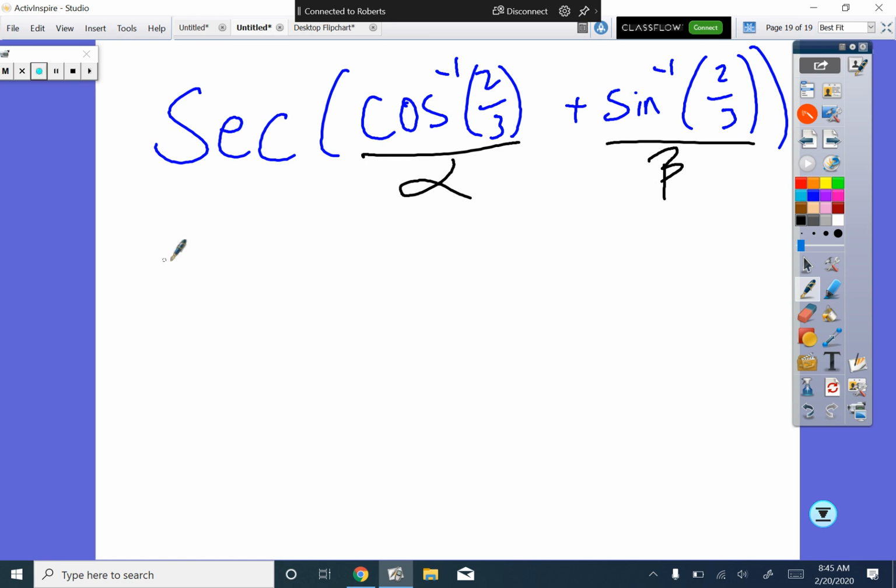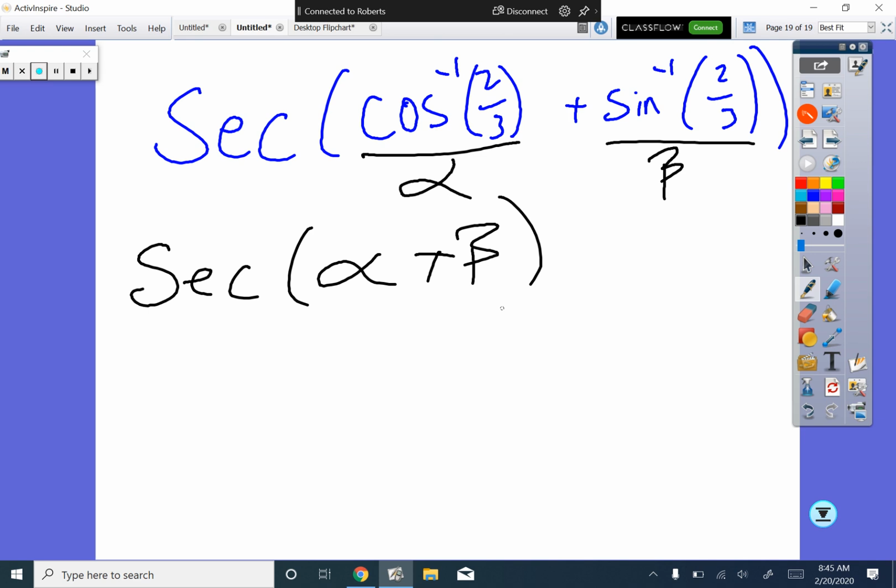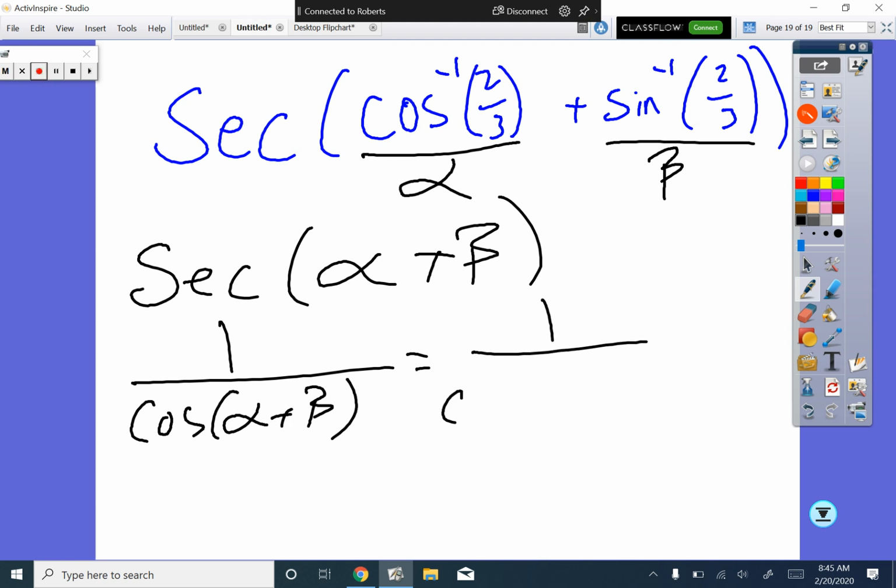So really what I have here is secant of alpha plus beta, which is a sum and difference formula, which is 1 over cosine of alpha plus beta, which is 1 over cosine of alpha cosine of beta minus sine alpha sine beta. Everybody agree with that?